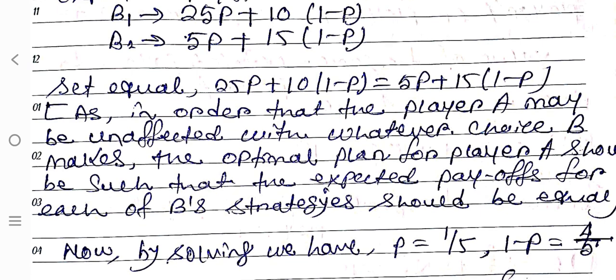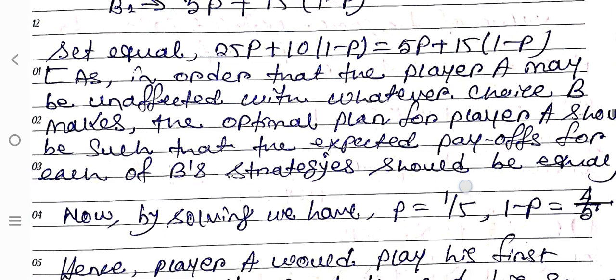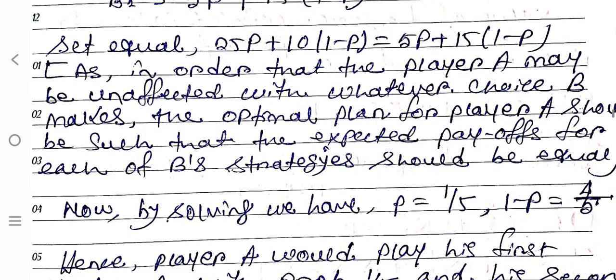In order that player A may be unaffected by whatever choice B makes, the optimal plan for player A is such that the expected payoff for each of B's strategies should be equal.